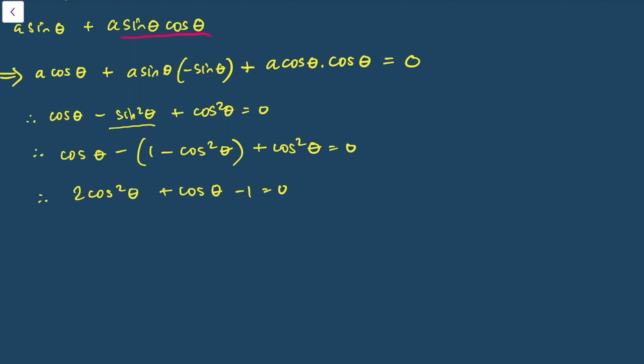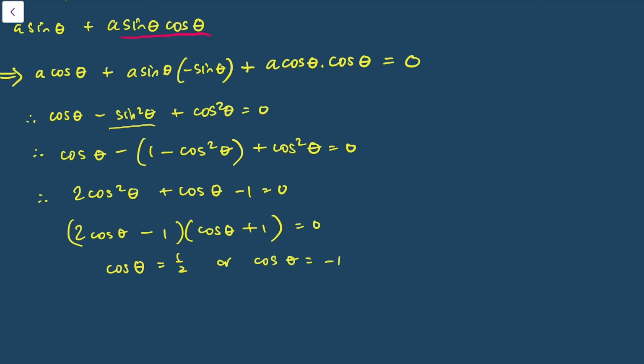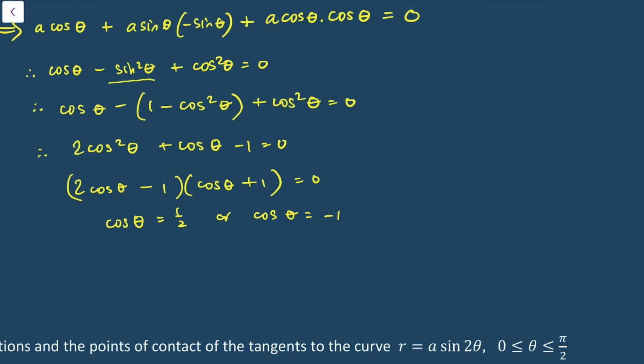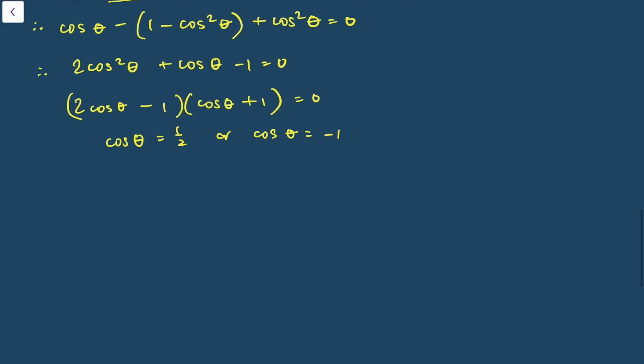This can be factorized, so I get 2 cos theta and cos theta there, plus 1 minus 1. So 2 solutions for cos theta, a half, or cos theta equals -1.